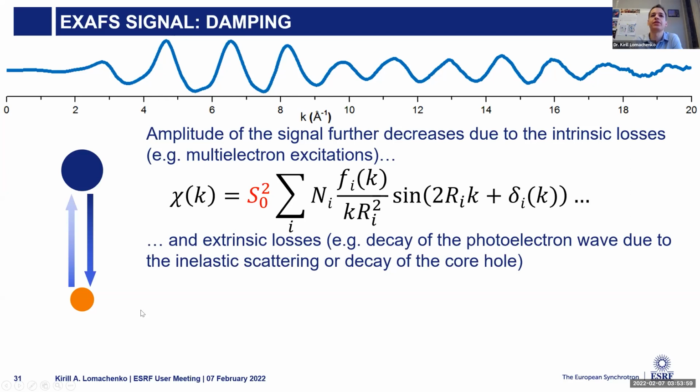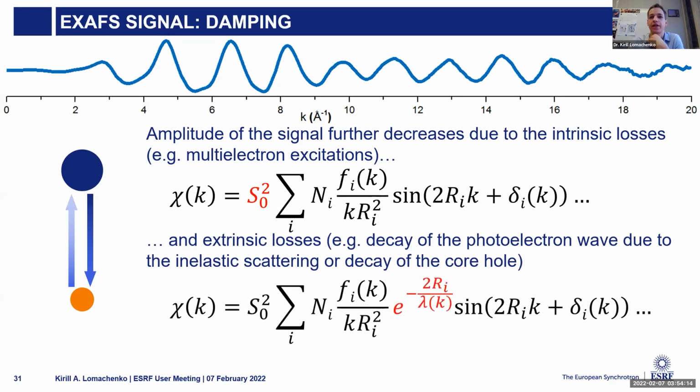And we can also have extrinsic losses. So the photoelectron wave can decay due to inelastic scattering, or during the propagation, also because of the decay of the core hole. And this is taken into account by this exponential term, where lambda is the photoelectron mean free path.